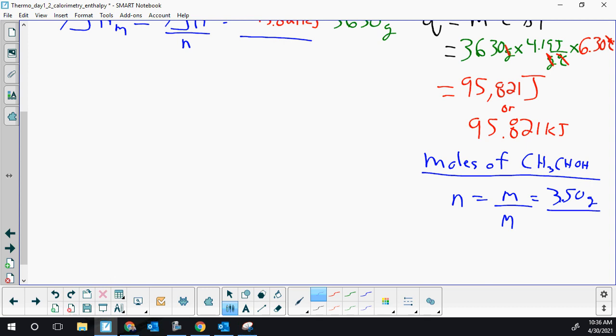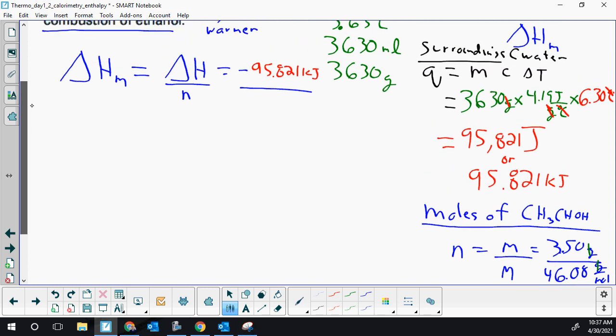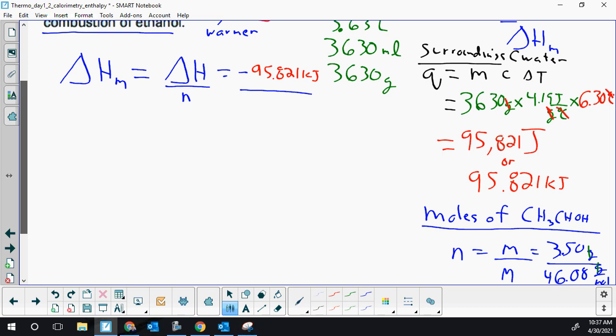The ethanol is a pure 3.5 grams divided by the molar mass of ethanol, which is 46.08 grams of ethanol per mole. Grams and grams cancel. We're left with moles on the top, and you get 0.0760 moles. So much less than a mole, less than 1/10 of a mole released that 95 kilojoules.